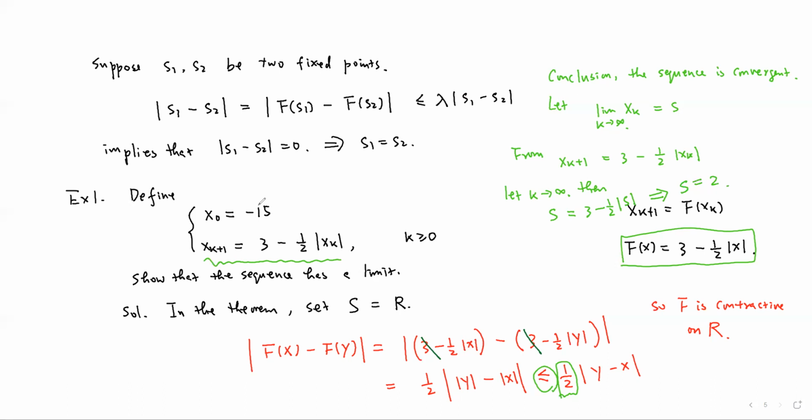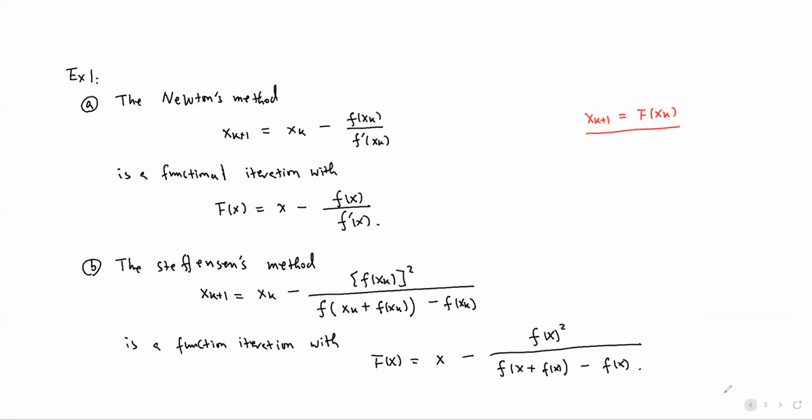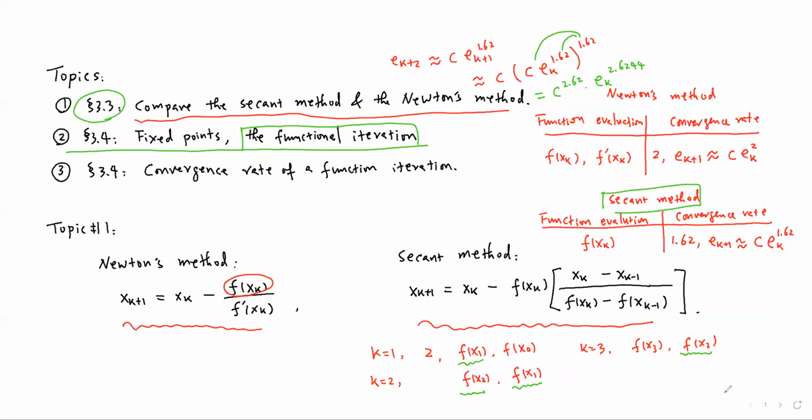This is the second topic. Now, the third topic, a very powerful theorem. Given a functional iteration, how to determine its convergence rate? This theorem is very useful.